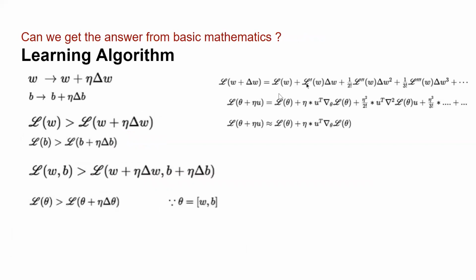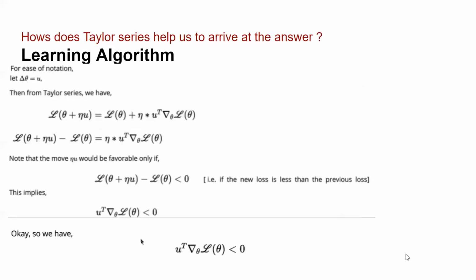This dash sign you're seeing is the symbol of first order derivative. Single dash means first order derivative, double dash means second order derivative, and it goes like that. Since we are taking only the starting two terms, there is only one term having a derivative, just like Taylor's series. Yes, exactly, this is coming from Taylor series.